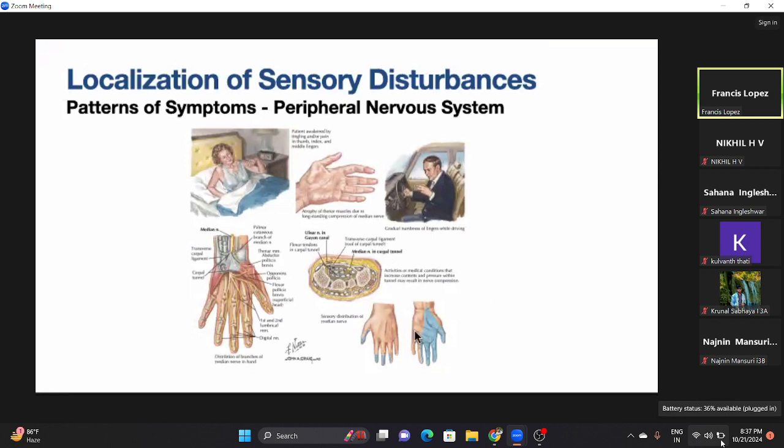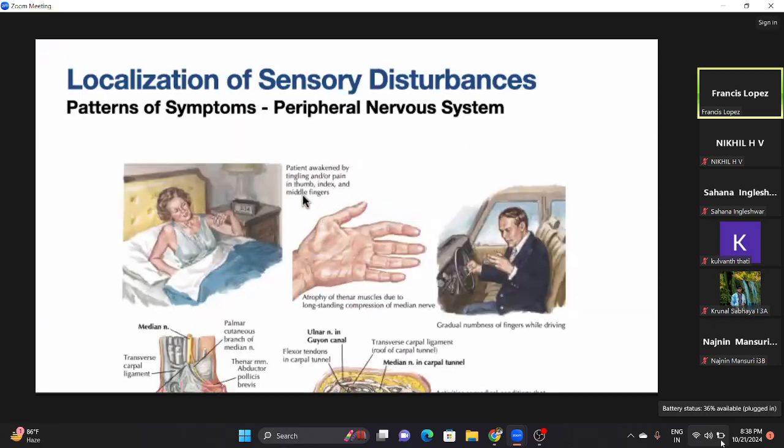So this is the pattern of sensory disturbances in the palmar aspect of the lateral hand, involving the thumb, the index finger, and the middle finger. Most commonly, patients awaken with a tingling sensation, and there can be atrophy of the muscles.